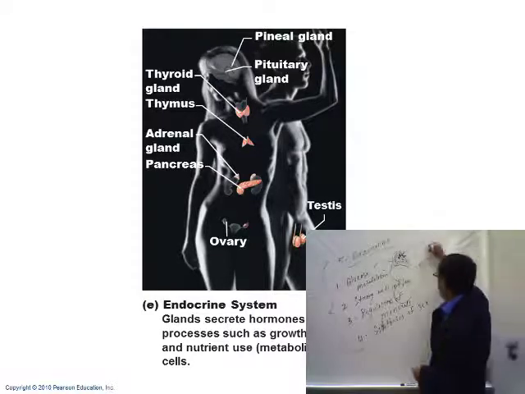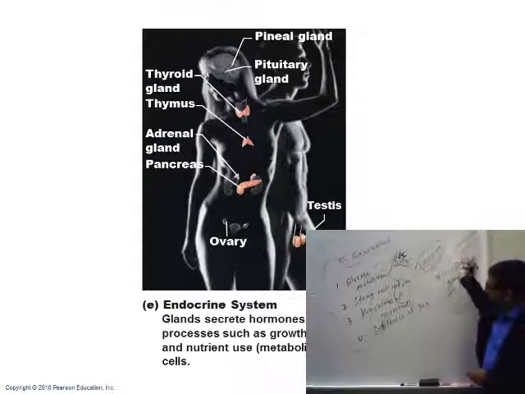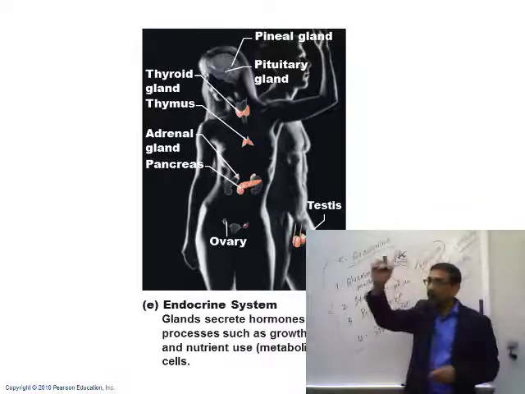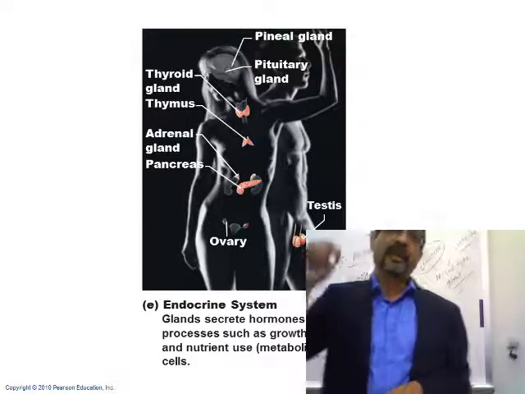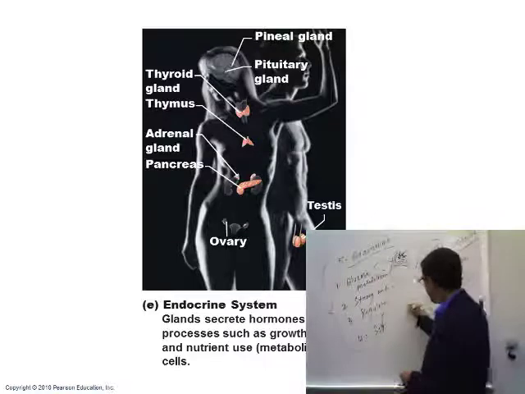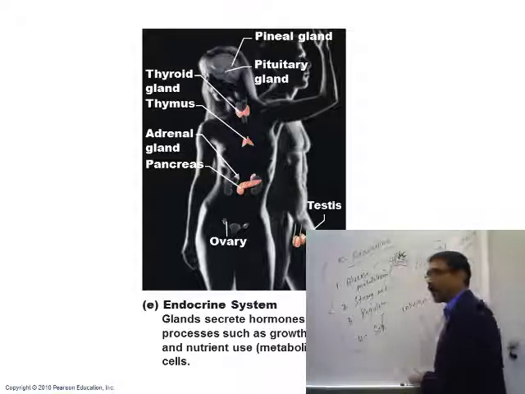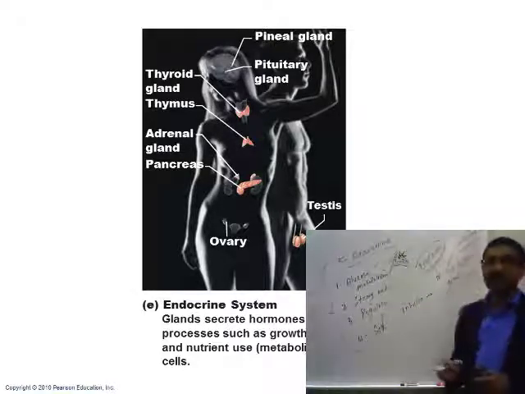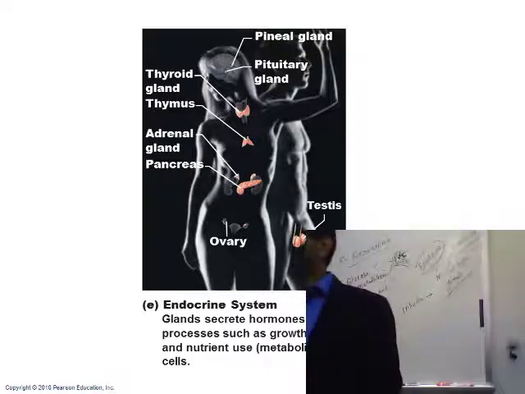Since we are talking about endocrine system, the endocrine part of pancreas produces two very important hormones, insulin, you all know, and glucagon. Insulin lowers or increases the sugar? You all know insulin does what?